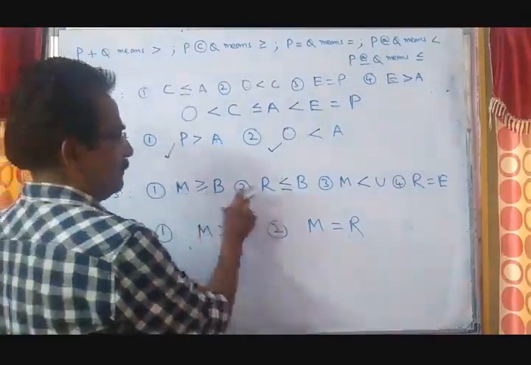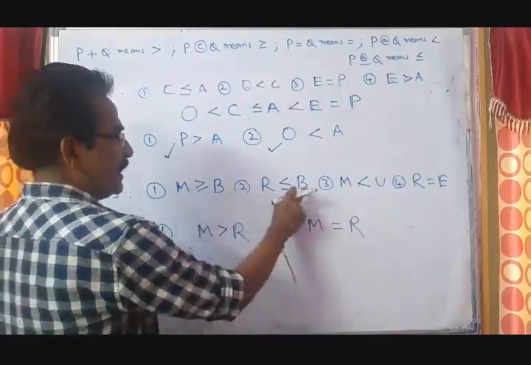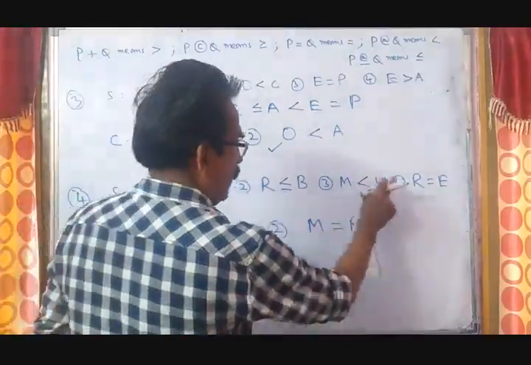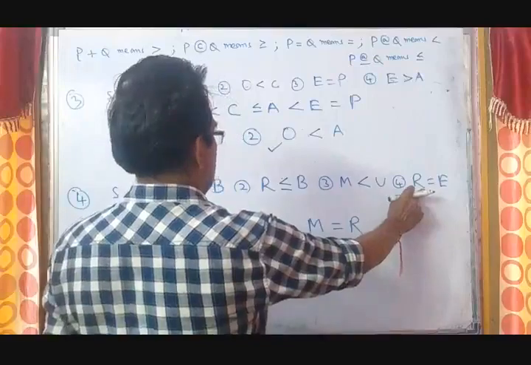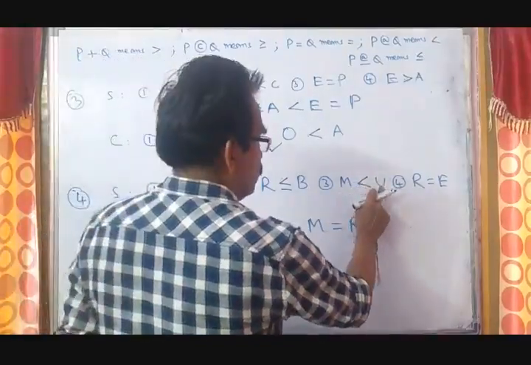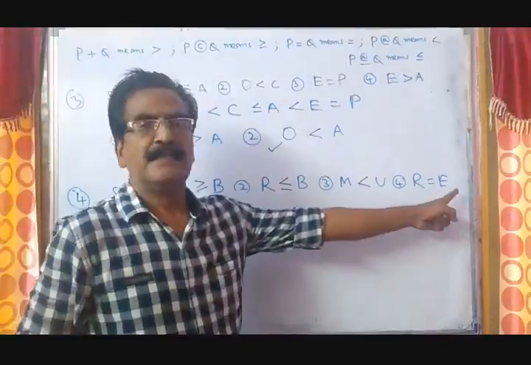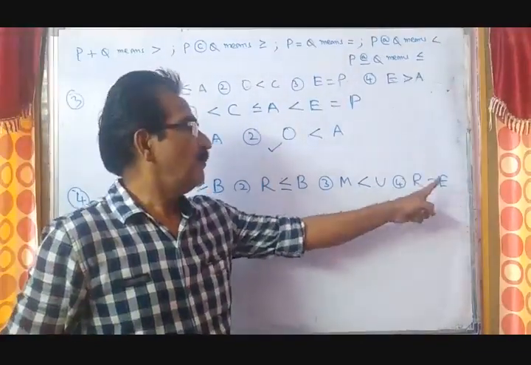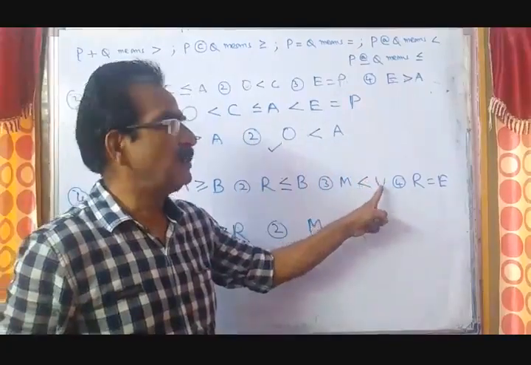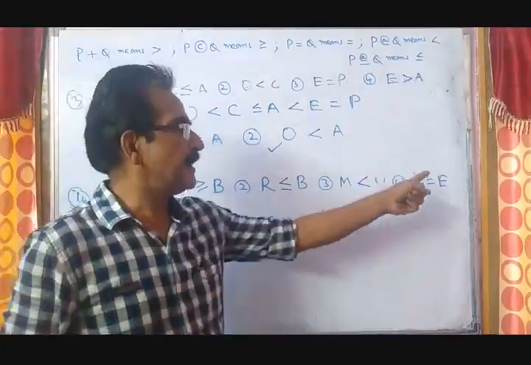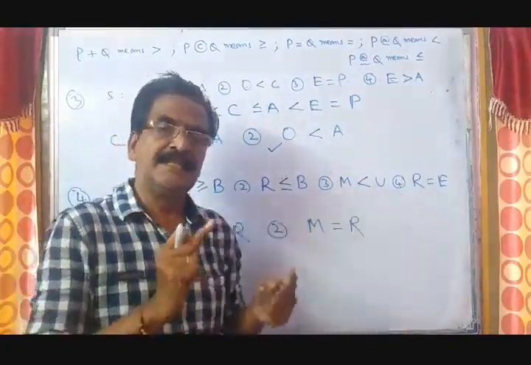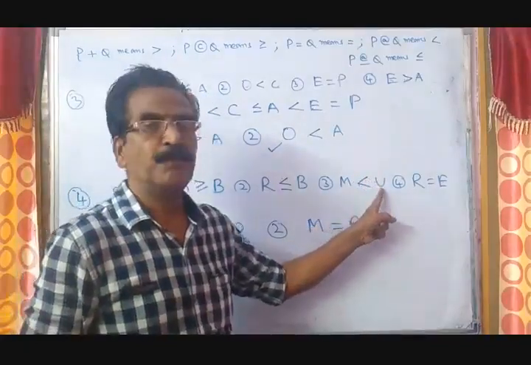Here two M's are there, two B's are there, two R's are there. So one U is there, one E is there. Let us begin with E, then the statement ends with U.